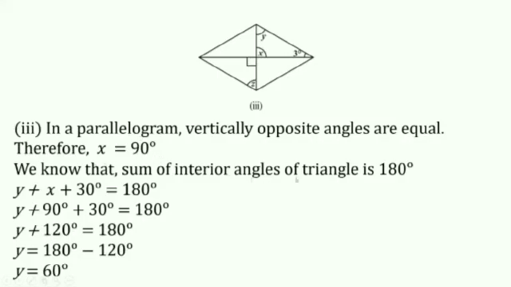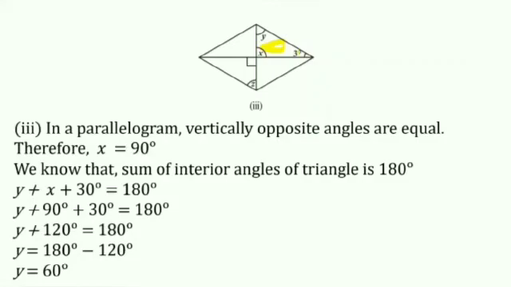The sum of interior angles of a triangle is 180 degrees. If you consider this triangle, which I am indicating with the yellow highlighter, then here you can see this x, y and z.